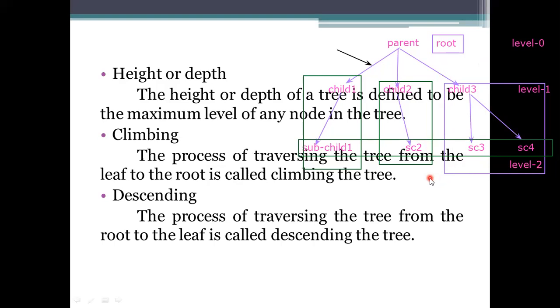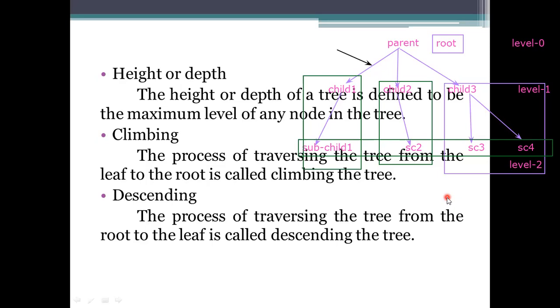Climbing can be specified as traversing. Traversing means visiting each and every node. Creation or insertion of a node is not the concern. But whether it has been inserted successfully, or whether the children are in the proper format, we need to visit each and every node to know that.